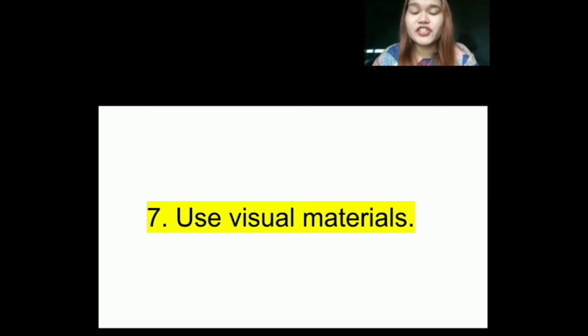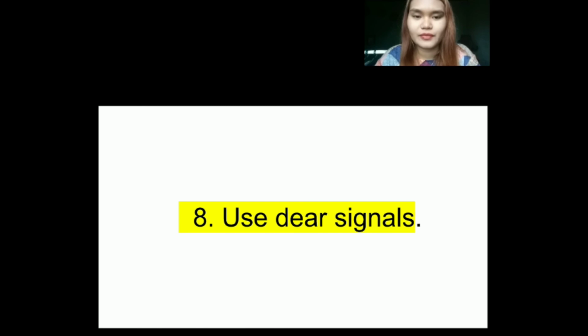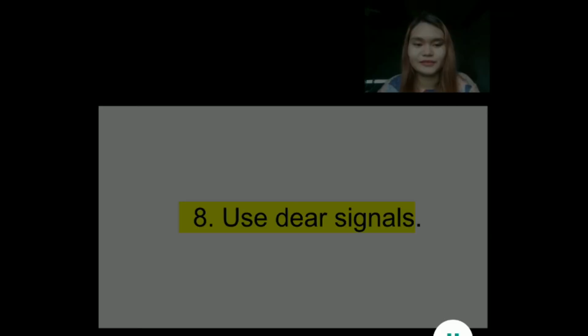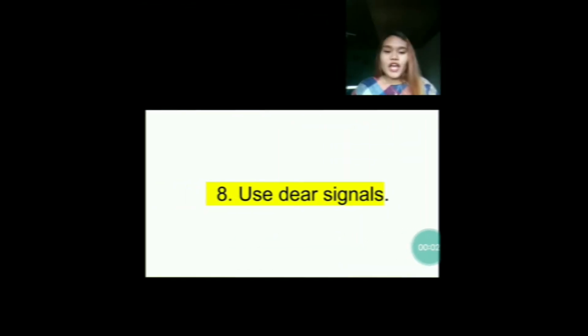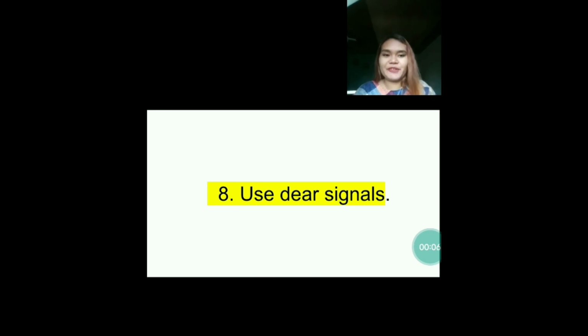Frame the visual material you want students to focus on with your hands or with a colored box around it. Number 8, use their signals, like everybody, ready.